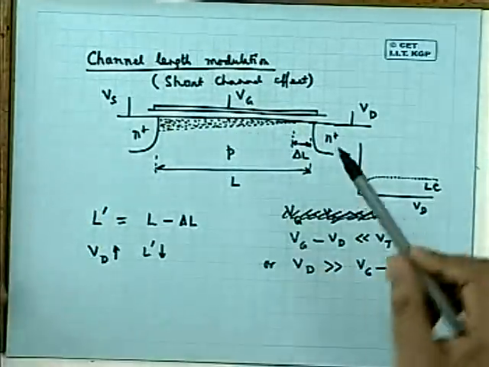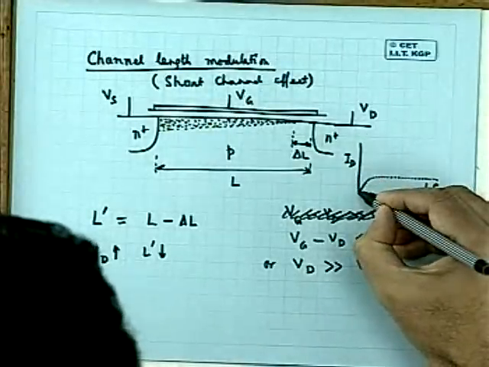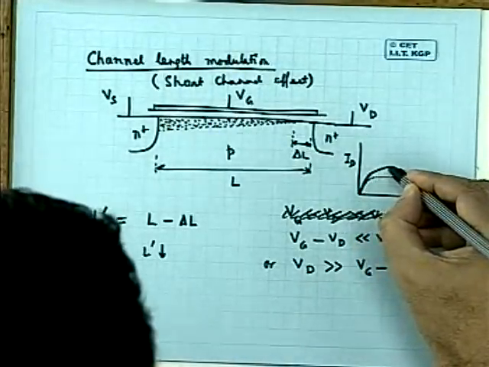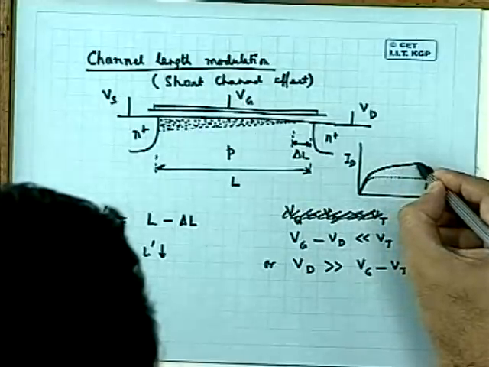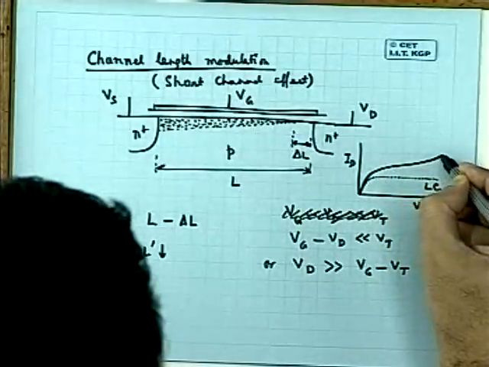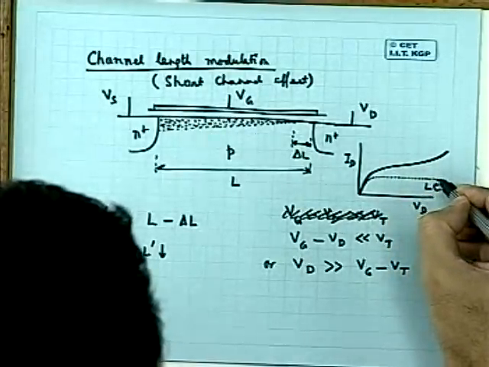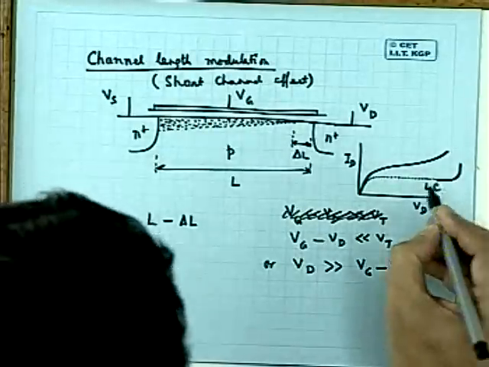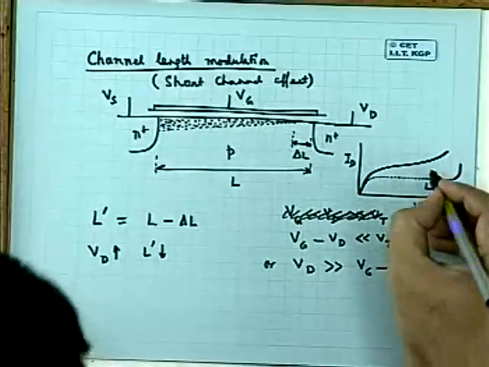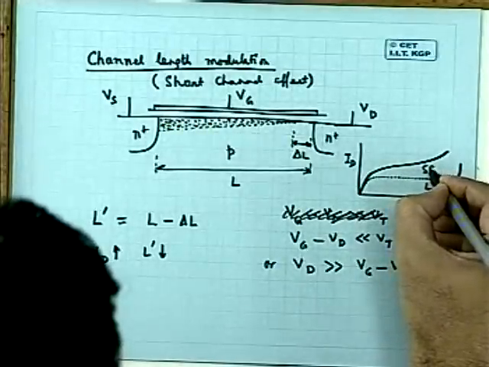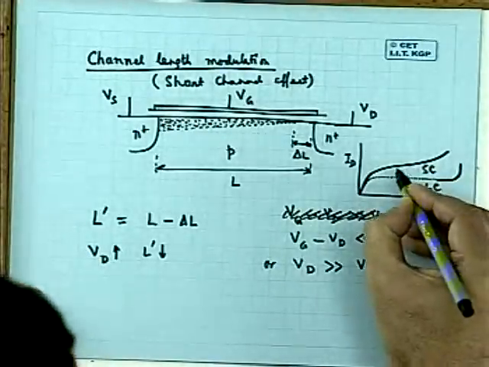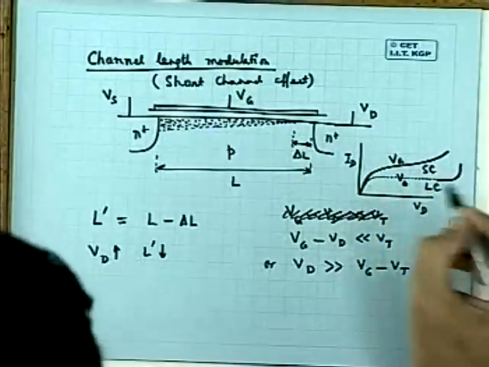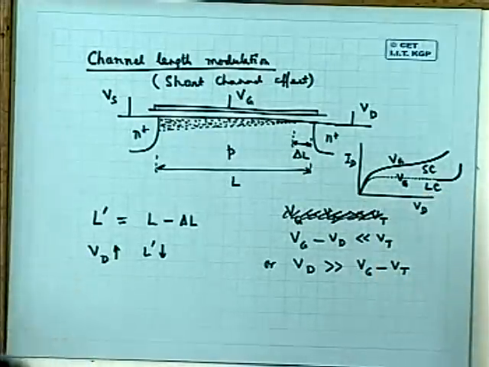So in fact we get a curve something like this. This is the curve for long channel and this is the curve for short channel, for the same VG, which is the same for both the curves.